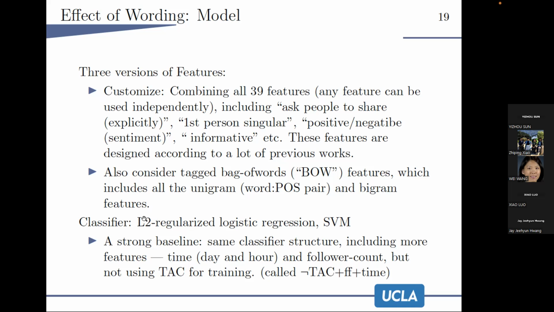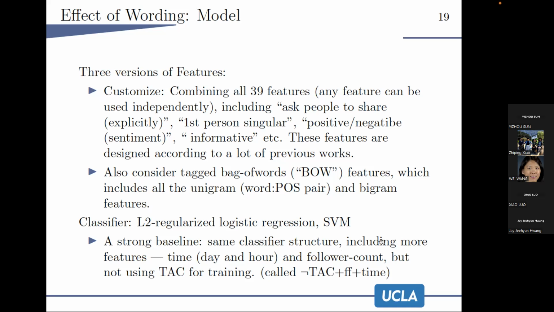They use something as simple as the L2 regularized logistic regression algorithm, and they also compared with SVM. What they claim is that the performance gets somewhat close, but the L2 regularized logistic regression performs slightly better. They also propose a strong baseline, which also uses an L2 regularized logistic regression, but does not use the TAC pairs for training. It doesn't have this paired up structure.